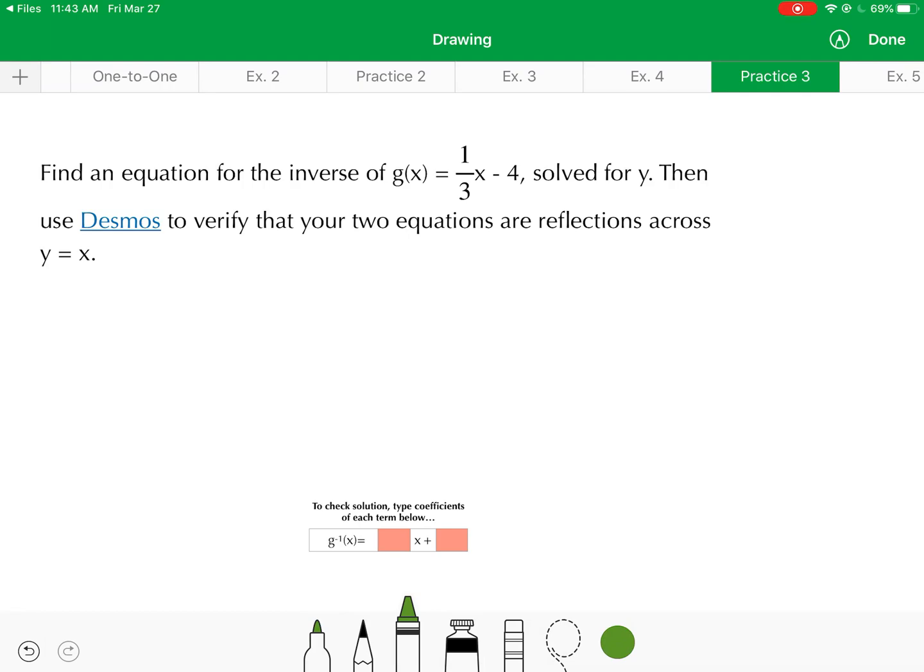Make sure that your two equations are reflections across that line of y equals x, right? Another way you can check is by using the table down at the bottom there to type in your equation. If you do it correctly, the red will turn to green.